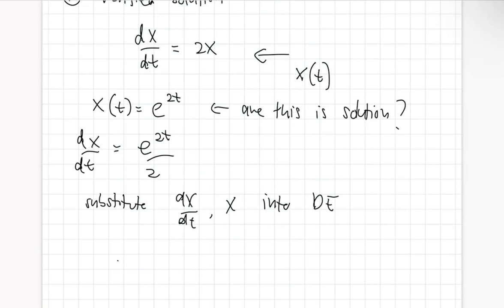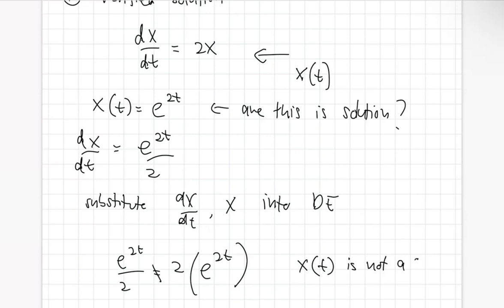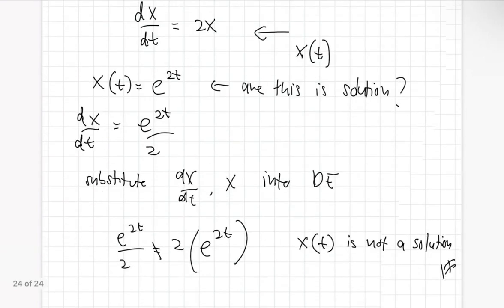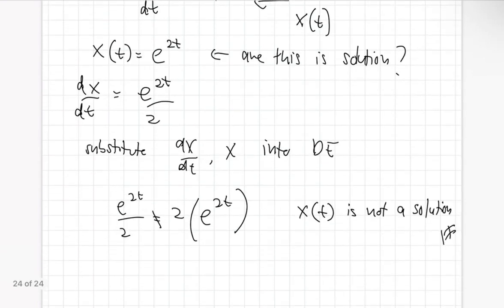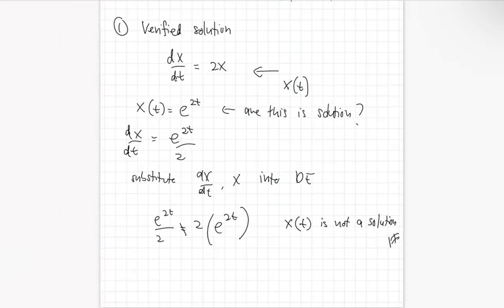So, exponent 2t over 2 equal to 2 multiplied by exponent 2t. So, this is not equal. Hence, x(t) is not a solution. So this is one way you can verify a solution. This is what you learned during your first class, if you are asked to verify a solution.